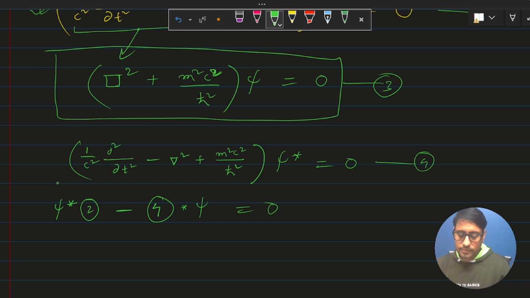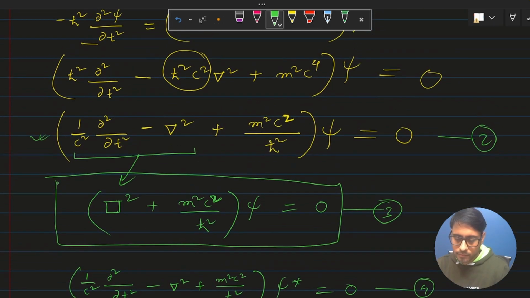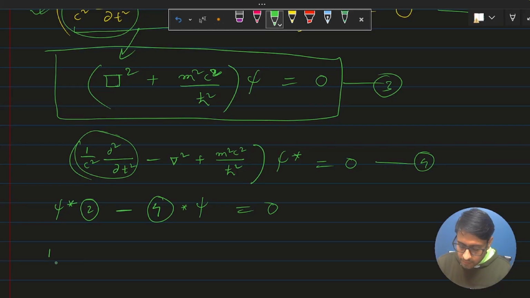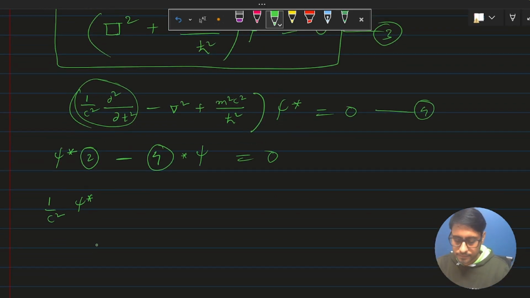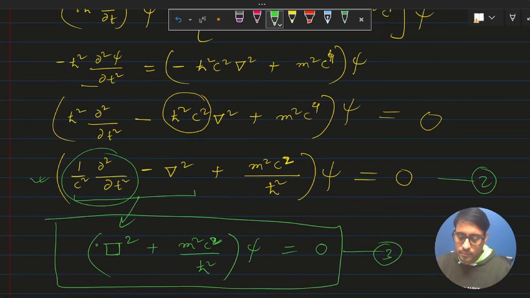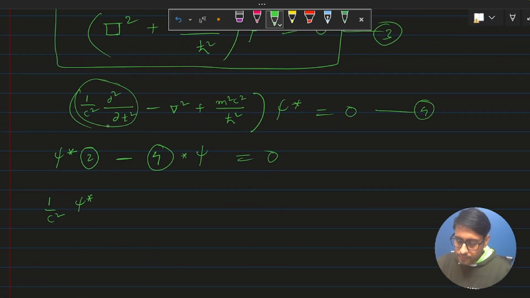So for this term, and this term, we can call it 1 by c square, and then multiplying psi star, and then this term, del 2 over del t square, then the psi, minus this term 1 over c square.